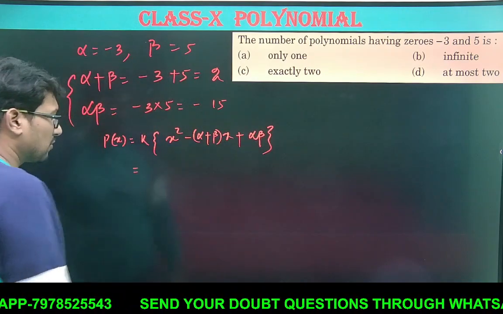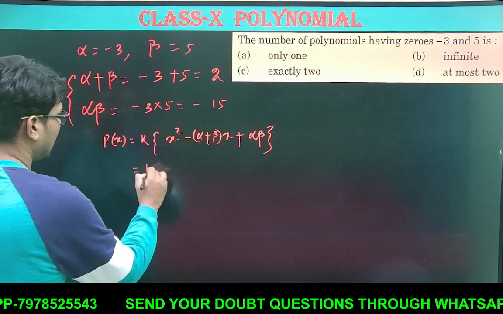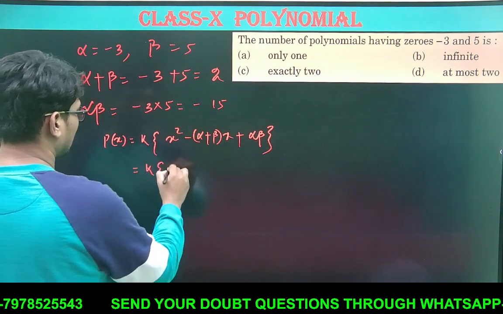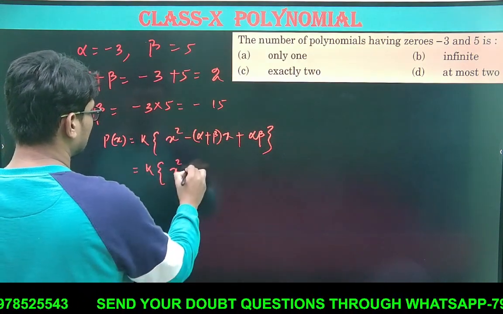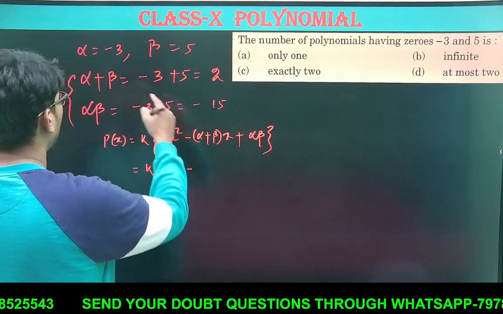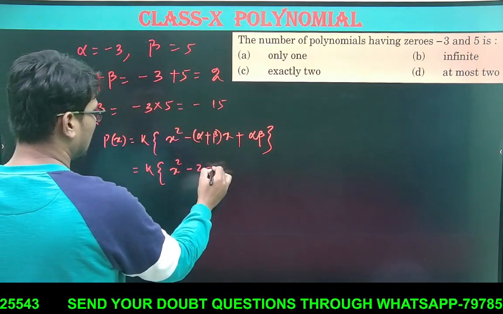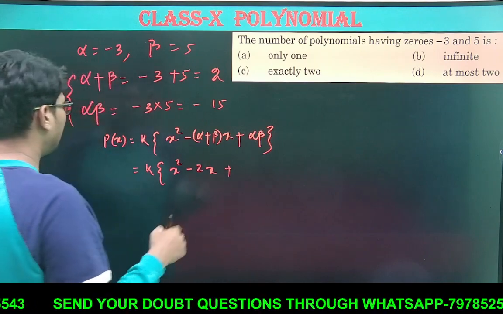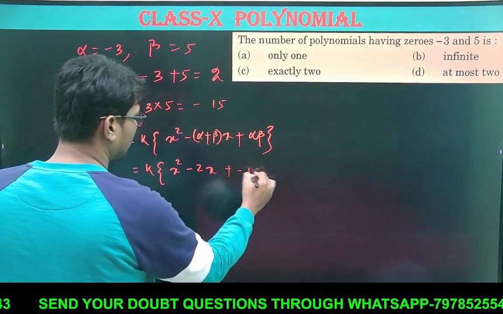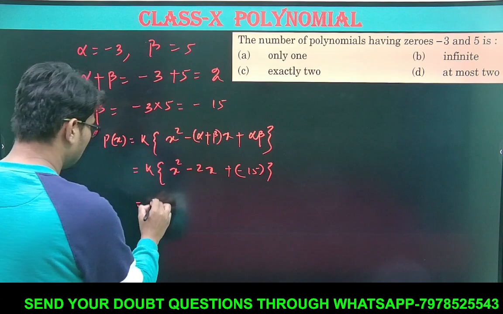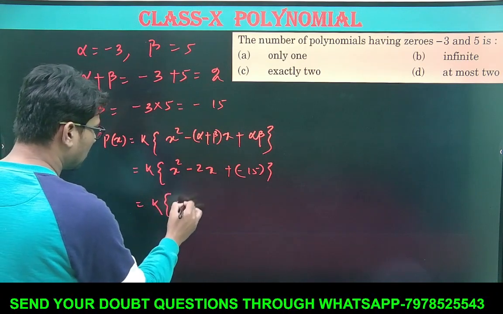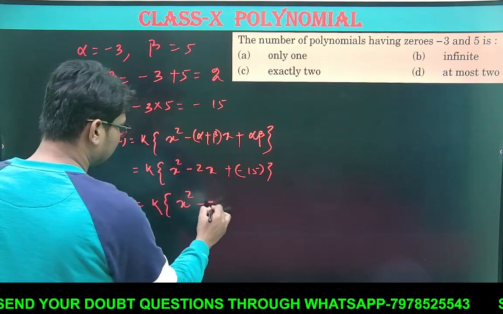This equals k into x square minus 2 x, since alpha plus beta is 2, plus alpha into beta, which is minus 15. So this is the root form of this polynomial.